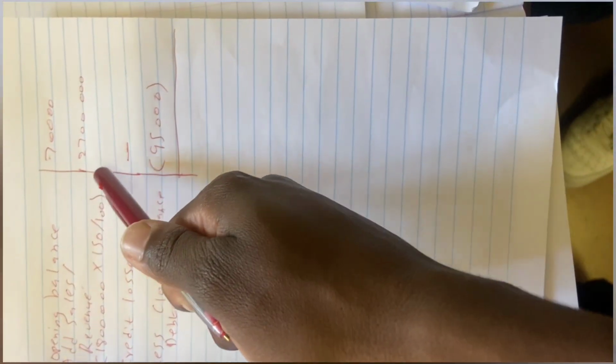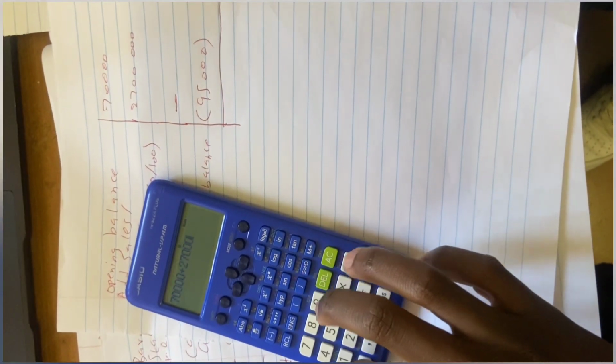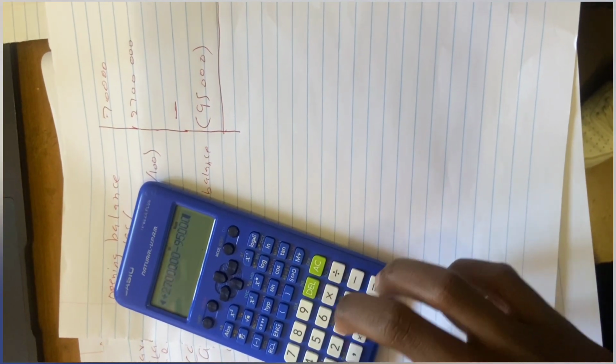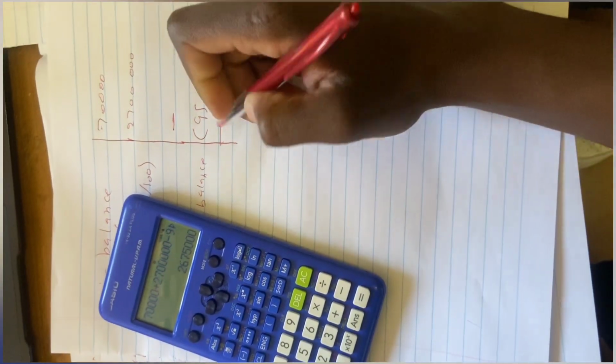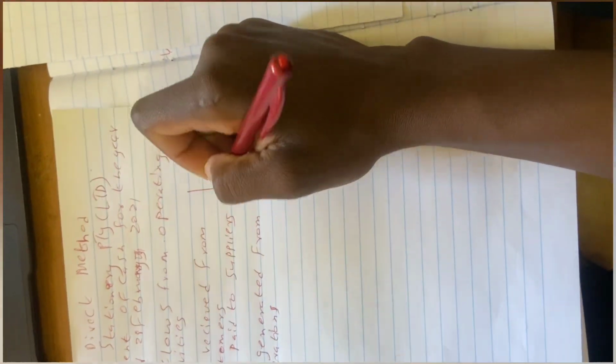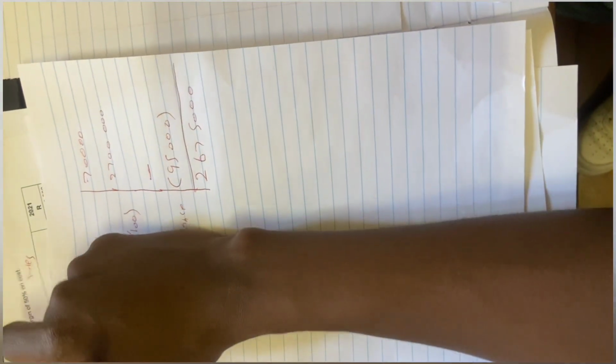So 70,000 plus 2.7 million, we subtract 95,000, we're gonna have 2,675,000. So we can post it here on our cash flows. We have cash received from customers as 2,675,000.